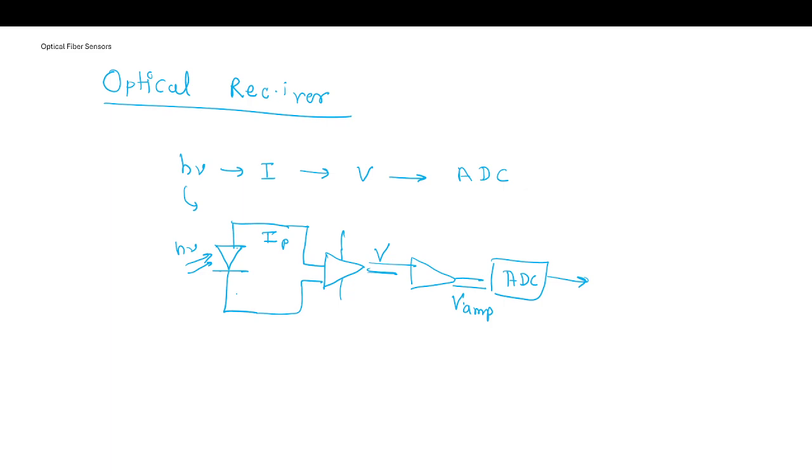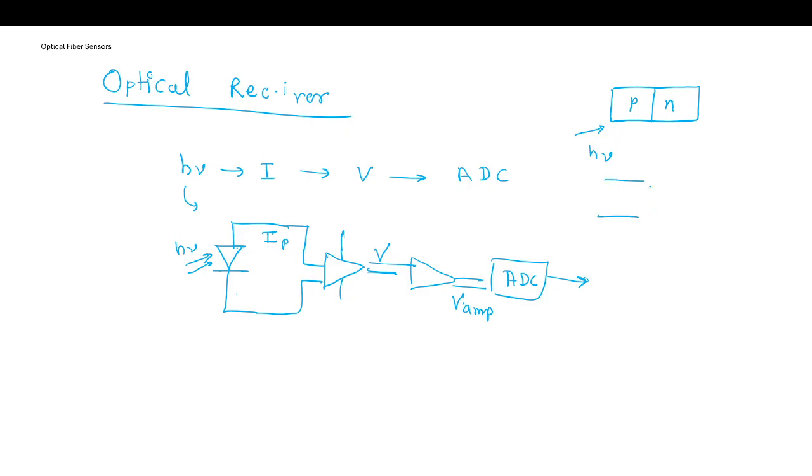So how it works actually, the same thing is happening here also, but there is one important advantage if you are using a semiconductor material. Once the light hits here, it will generate holes and electrons.